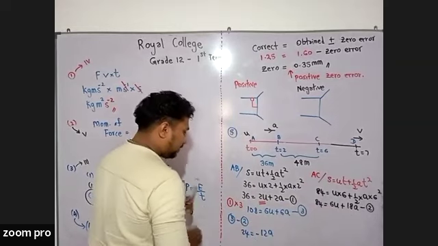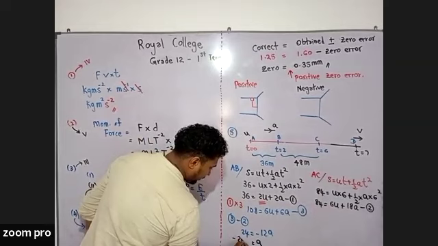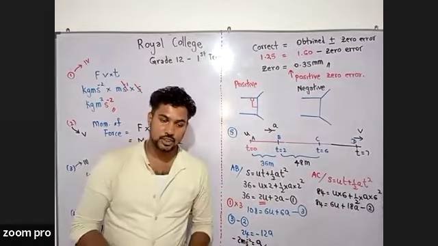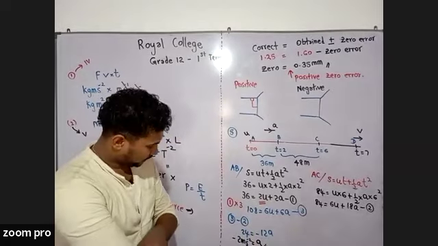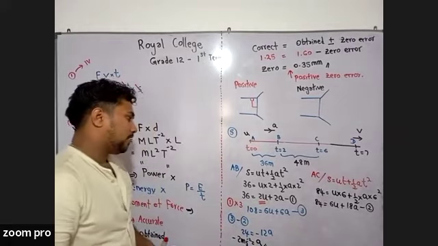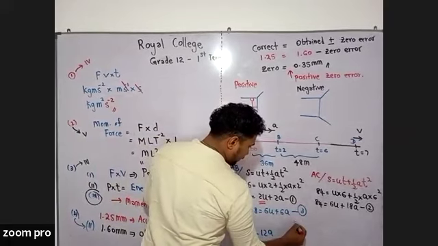So we can figure out that a is a negative value. That means this object experiences a deceleration, not an acceleration, right? So we have obtained a value for a. Then let's substitute this value into the first equation.